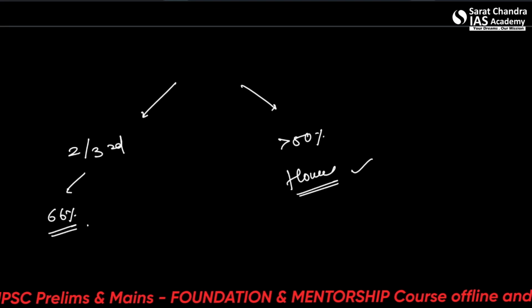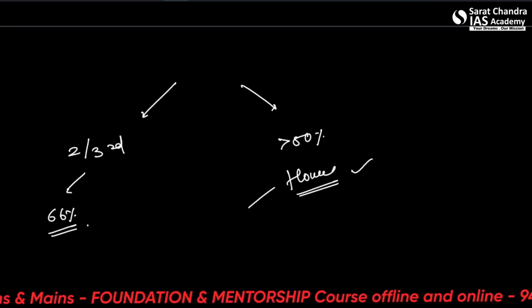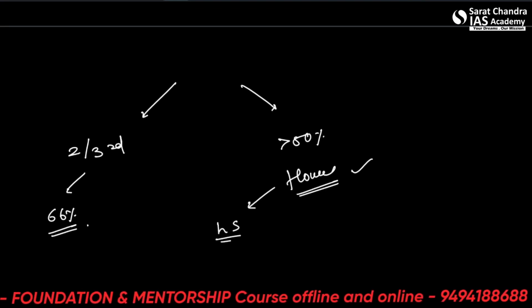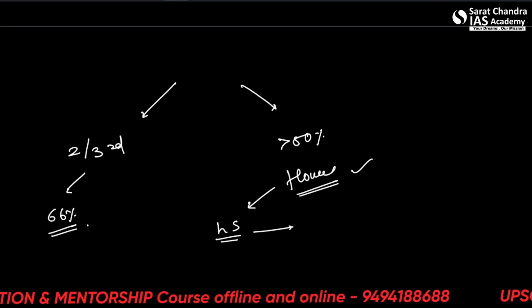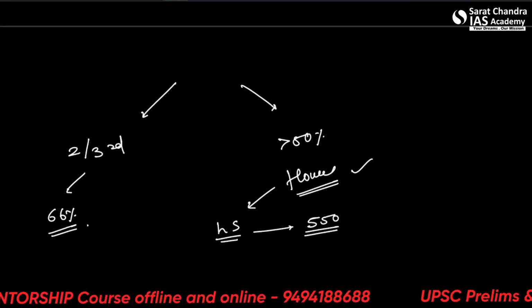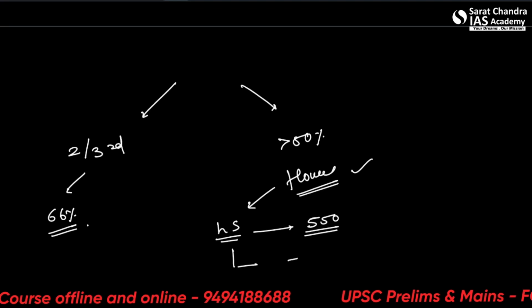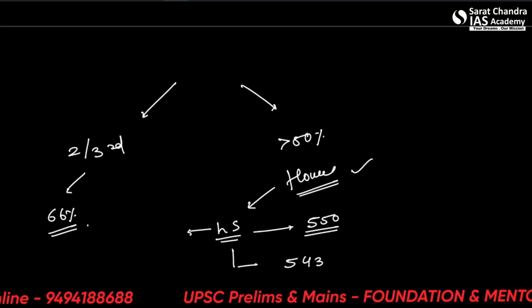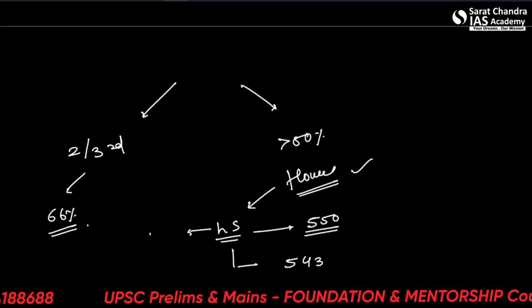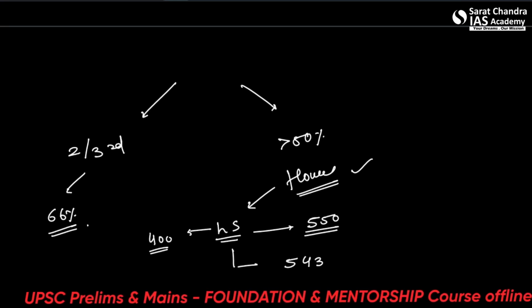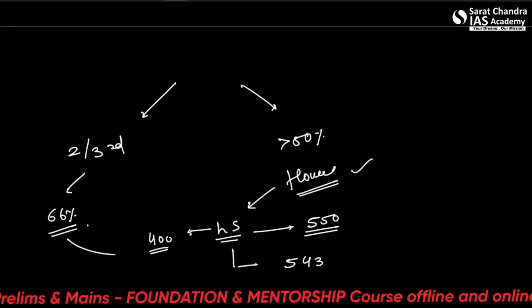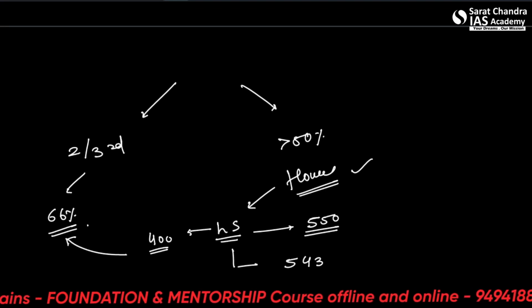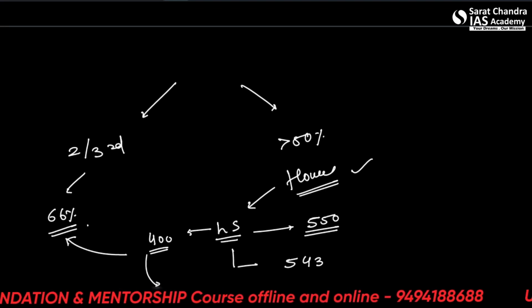Alright, so let's talk about the house. It's, let's say, Lok Sabha. So the overall strength is 550. The current strength is 543. If let's say on a certain day when it's being discussed, 400 people are present. Alright, so we need at least 66% votes. So how many votes we would need?